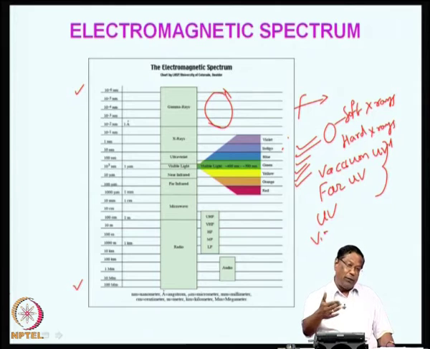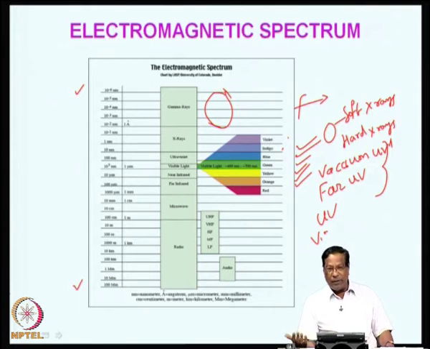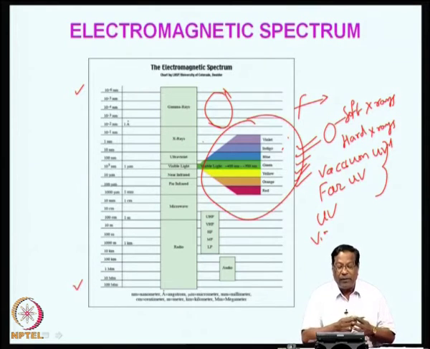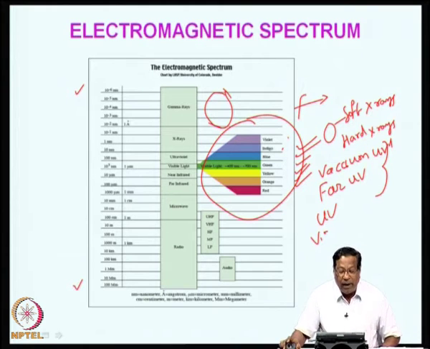From 350 to 800 nanometers we have the visible range, represented by these areas, different colors. And then after that we have near infrared, followed by infrared, then far infrared, and then followed by microwave and radio waves.